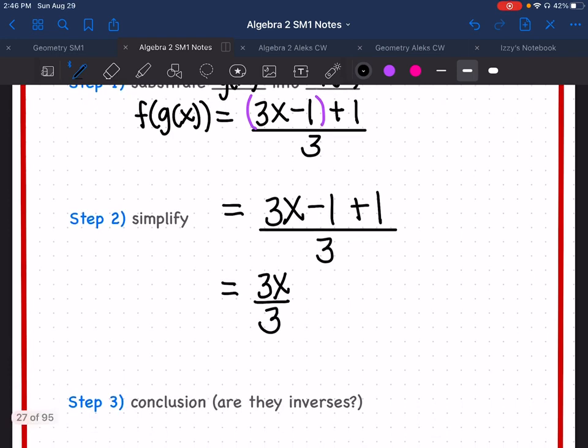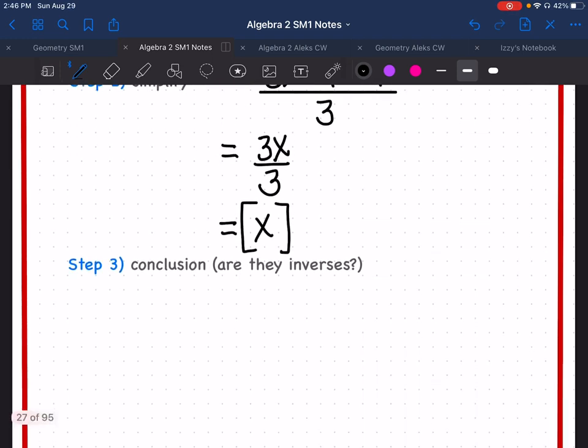I'm going to keep simplifying. I know what 3 divided by 3 is. It cancels and it's 1. I simply have x. Once I cannot simplify anymore, I am done. So here is my simplification. Oops, I didn't see my bracket. There we go.